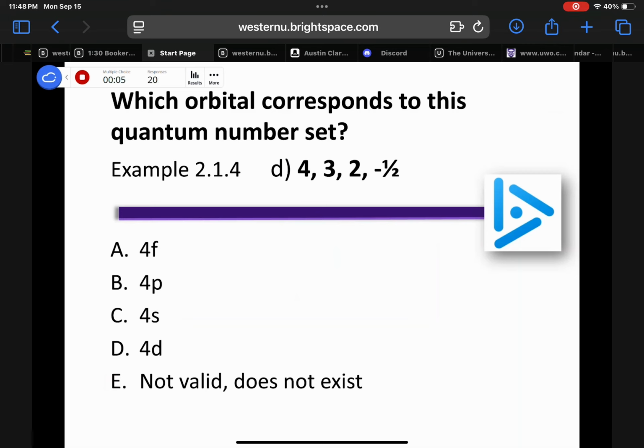Chat with the person beside you and submit your answer. And 10 more seconds.